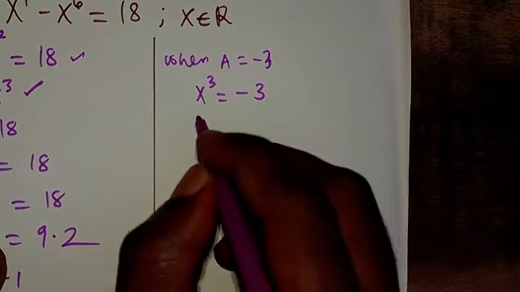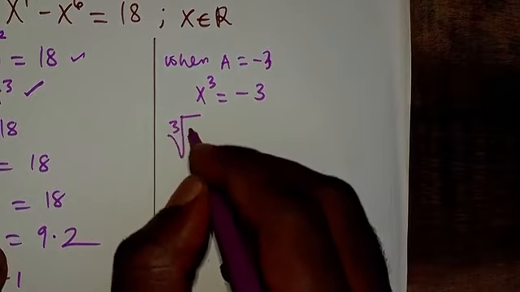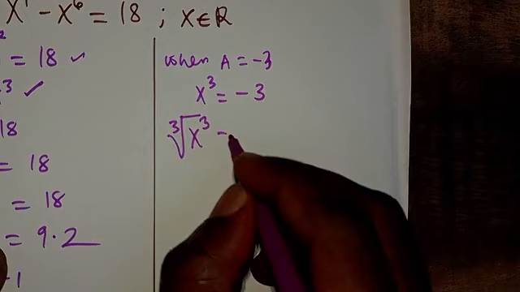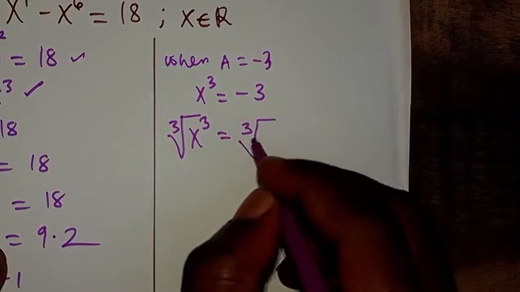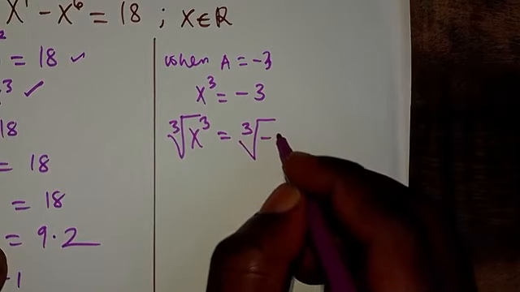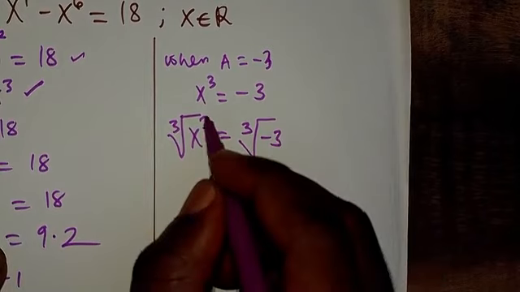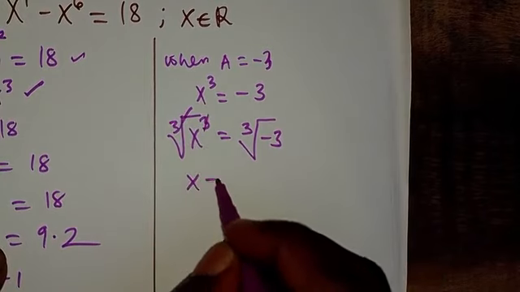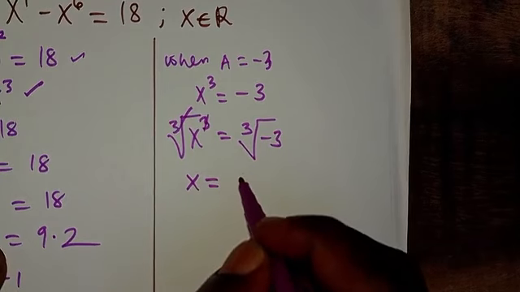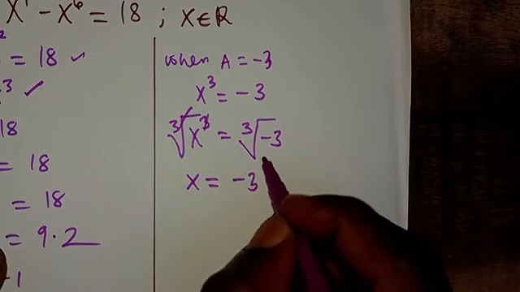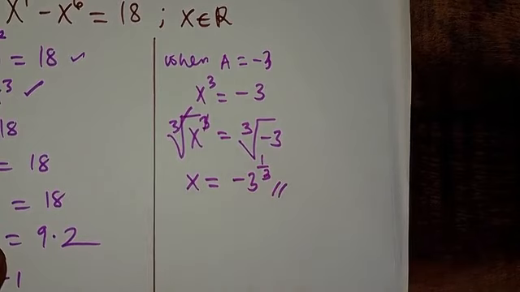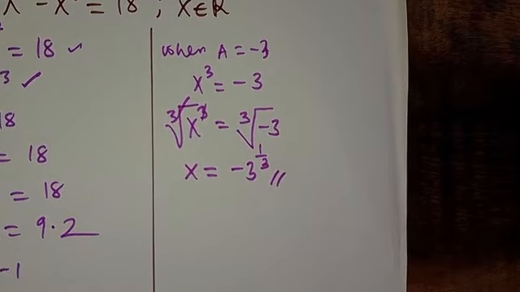Therefore, the same thing, we take the cube root of both sides. We cancel this, and we have x equals minus 3. So this is the second possible solution we can have.